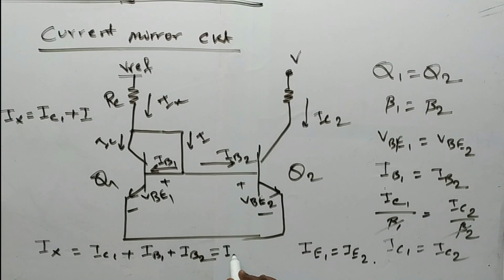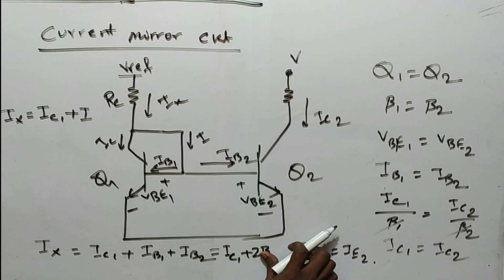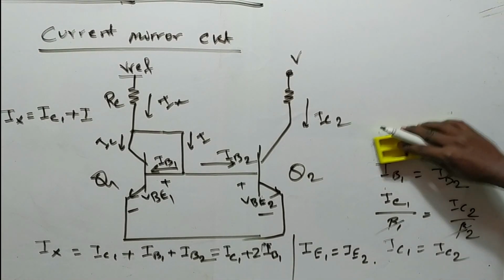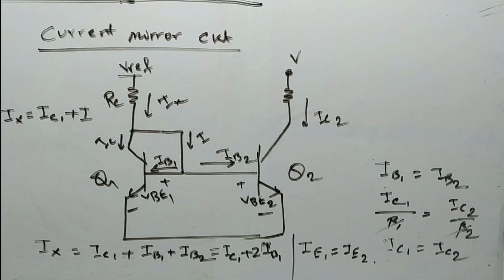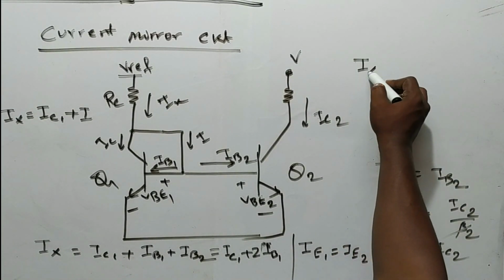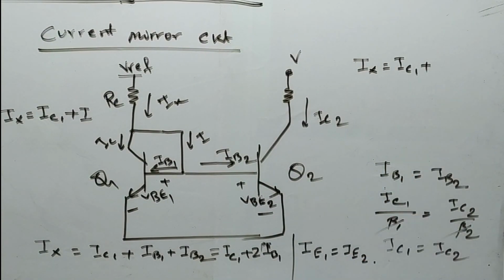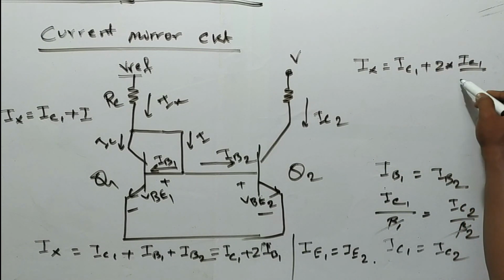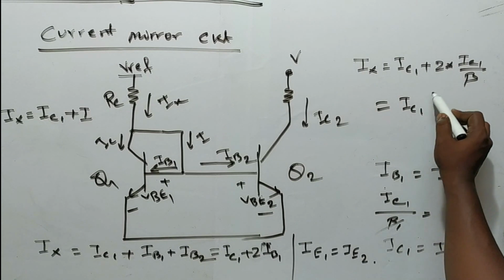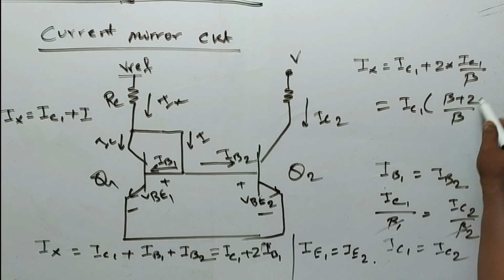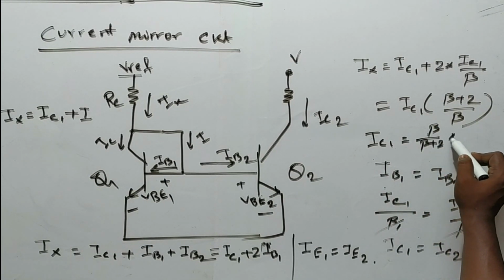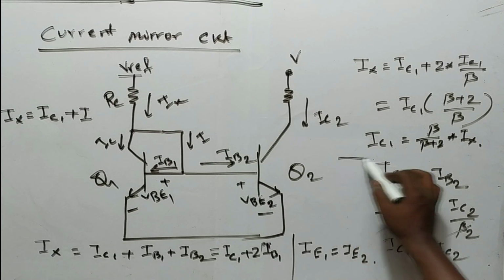So here we write Ix is equal to IC1 plus 2 IB1, which means IC1 plus 2 times IC1 divided by beta. We write that Ix is equal to IC1 times beta plus 2 divided by beta, and IC1 is equal to beta by beta plus 2 into Ix. You can write that.